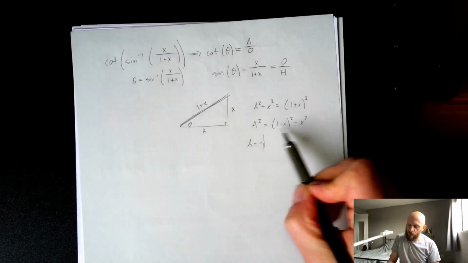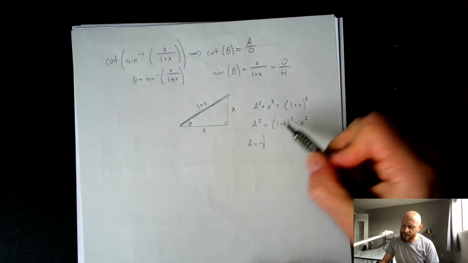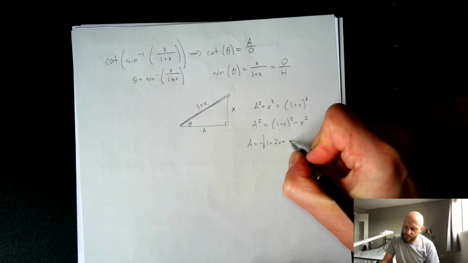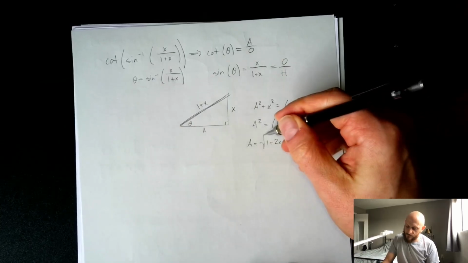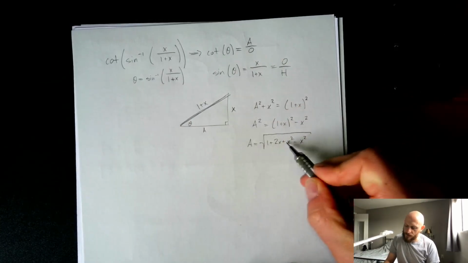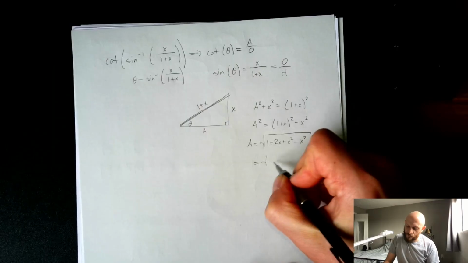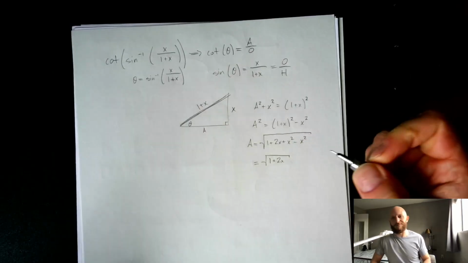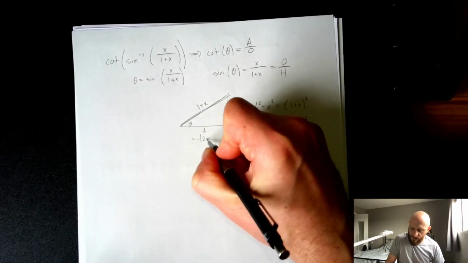So the square root of this right-hand side, and I'm going to expand it out: (1 plus x) squared is 1 plus 2x plus x squared, and then we have this minus x squared there. So the x squared pieces cancel. A, the adjacent side, is equal to the square root of 1 plus 2x, or 2x plus 1 is probably how I'm going to rewrite it. So A is the square root of 2x plus 1.